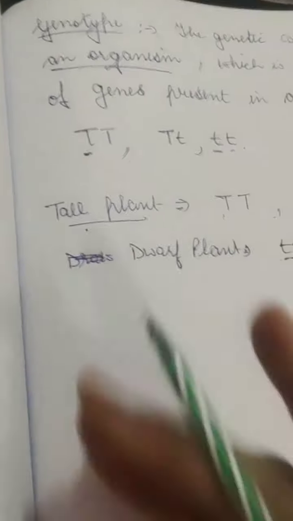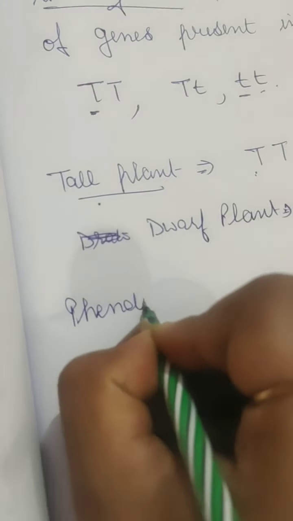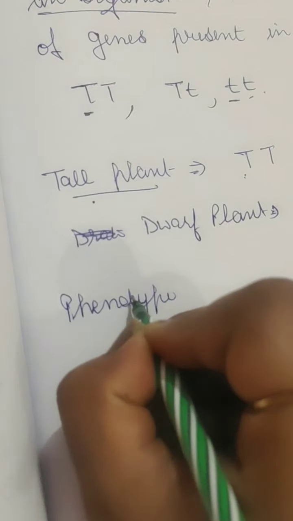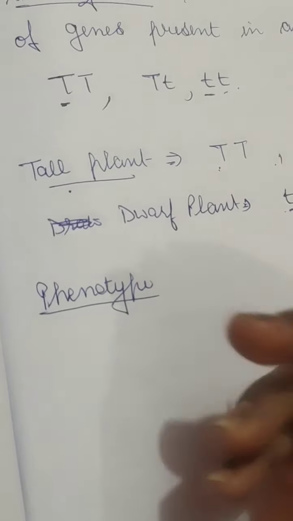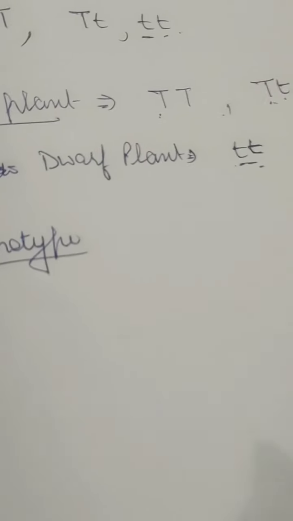Now next is phenotype. Phenotype is the character or trait which is visible. If we see that a plant is tall or dwarf, that is the phenotype.